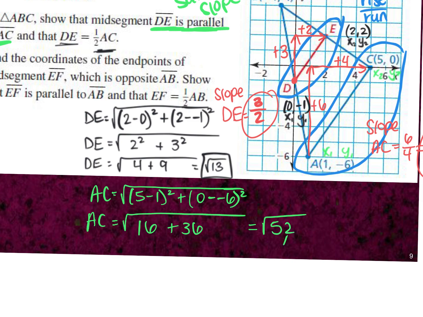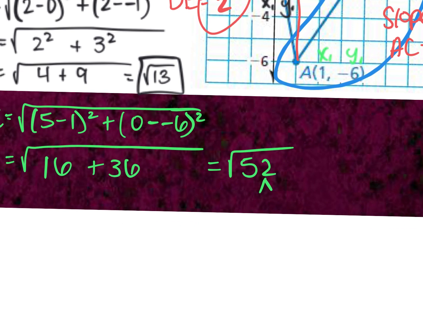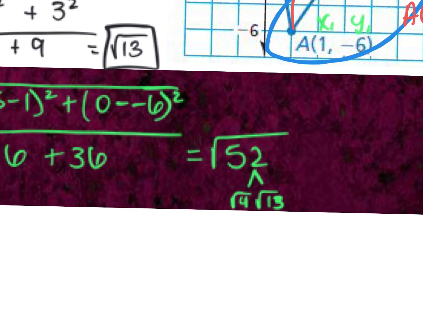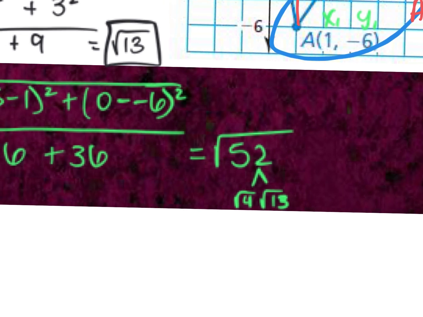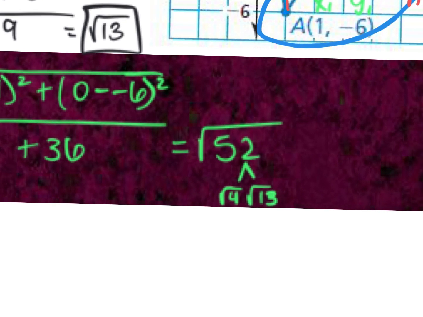Now the square root of 52, you can break that down into the square root of 4 and the square root of 13, because 4 times 13 gives you 52. The reason I pulled out a 4 is because 4 is a perfect square. So now this will simplify to 2 times the square root of 13.